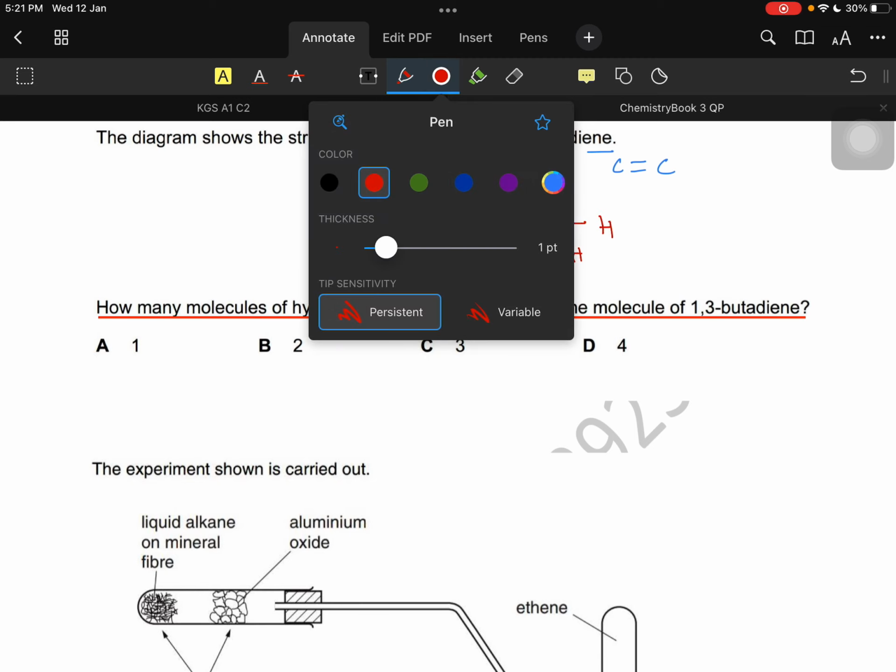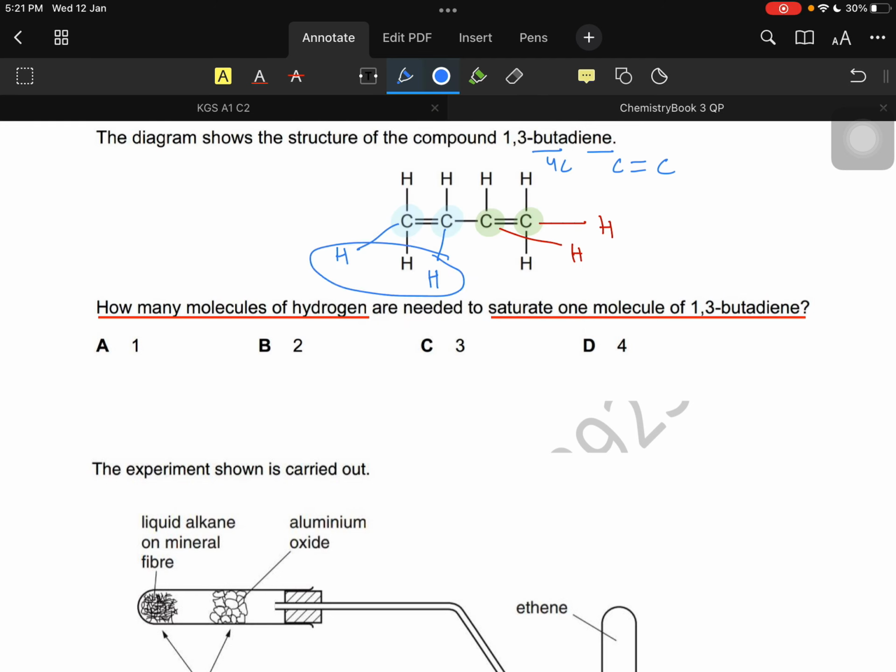So we need one hydrogen molecule plus another hydrogen molecule, because from one molecule 2 atoms go on, and the other molecule will provide 2 atoms going on. So we need a total of 2 molecules of hydrogen. We need 4 hydrogen atoms, you can say, and we need 2 hydrogen molecules.